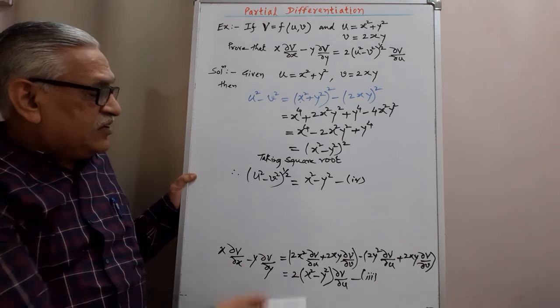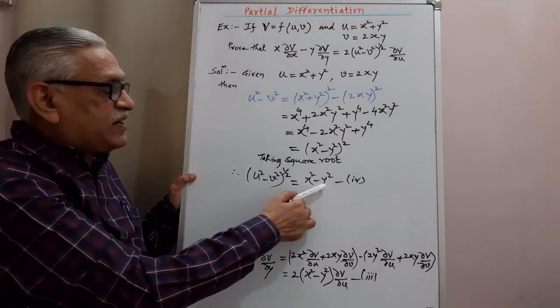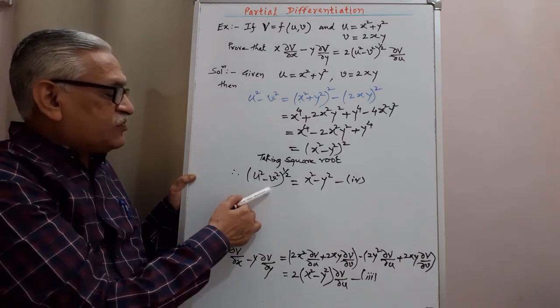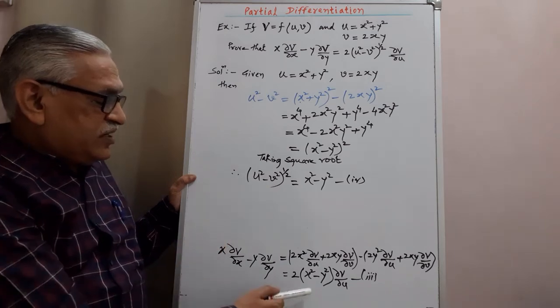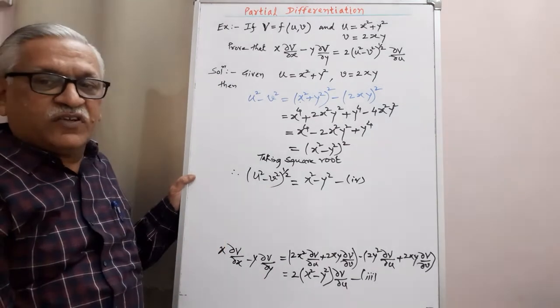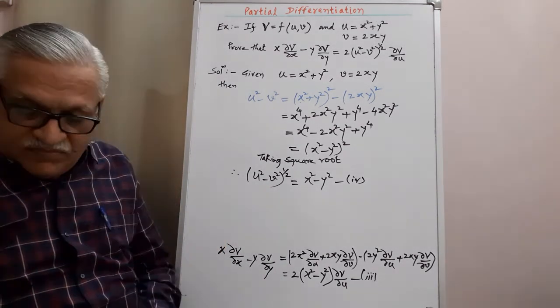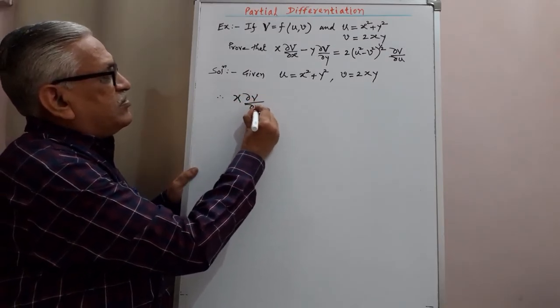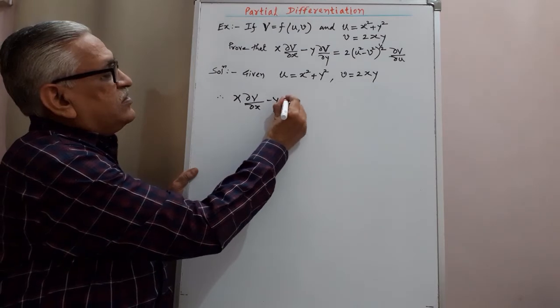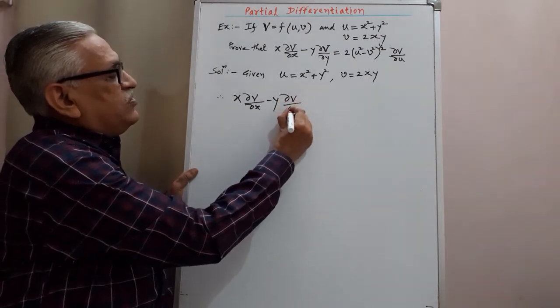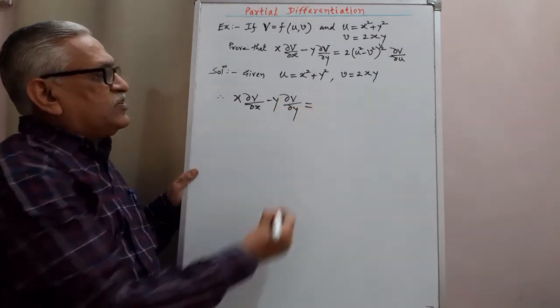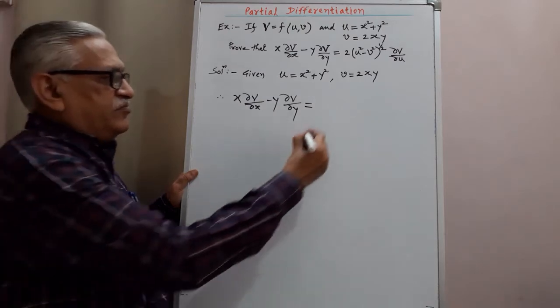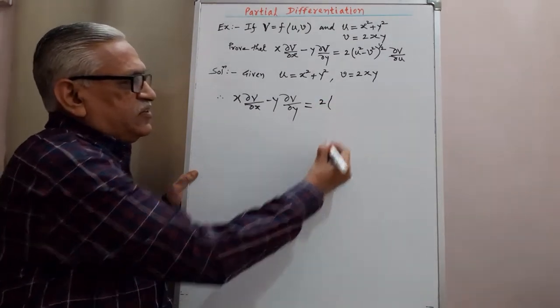Then we replace the value of x² minus y² as (u² minus v²) raised to 1 by 2 in equation 3. So equation 3 becomes x ∂v/∂x minus y ∂v/∂y is equal to 2 times (x² minus y²).